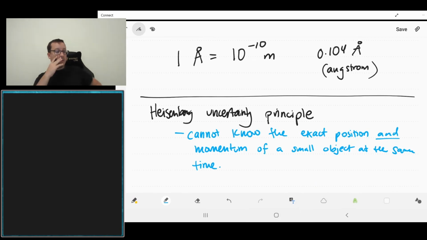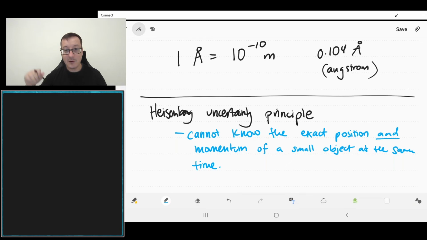This principle tells us we can't know exactly where an electron is if we know how fast it is. It's a way of understanding physics a little bit: we can't know both of these things at the same time.